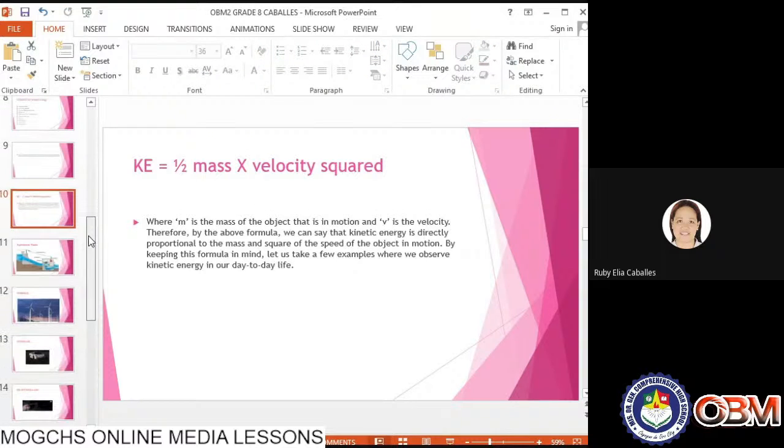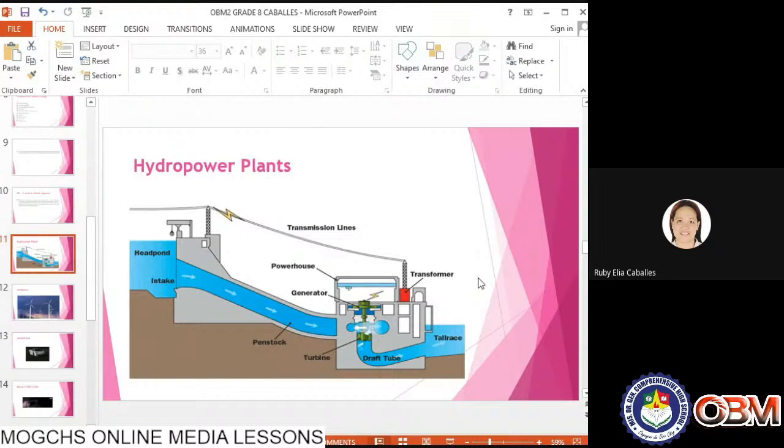Okay, so we have here, what can you see in the picture? One of the examples of kinetic energy is a hydropower plant. A hydropower plant, as you can see there, is a place where generation of electricity takes place with the help of water.